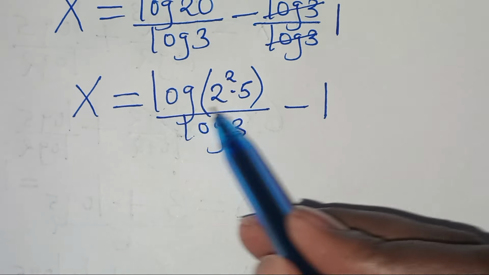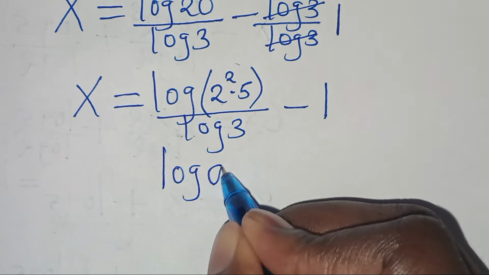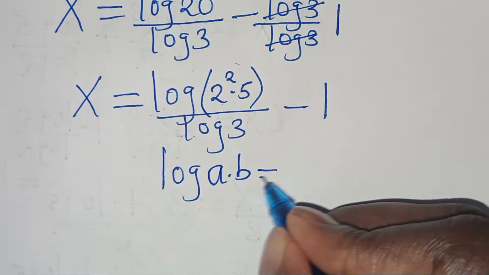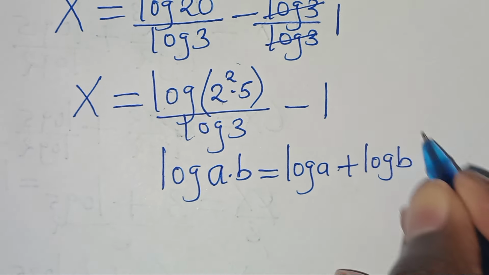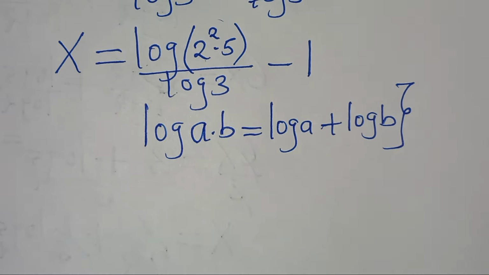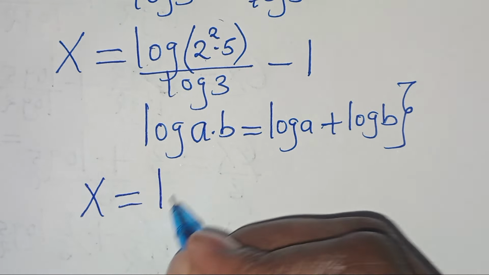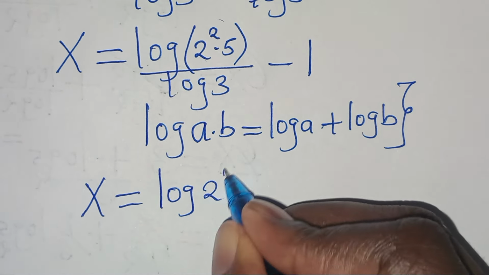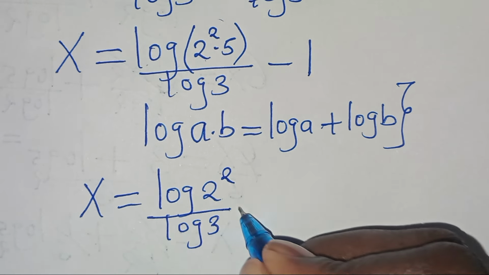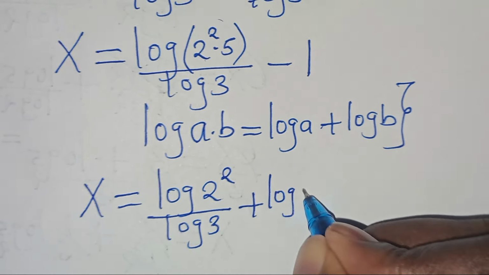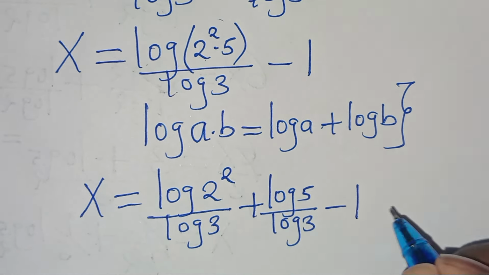The next step is that log of 2^2 times 5 is in the form of log a multiplied by b, which we can express as log a plus log b. Let's apply this property so that x is equal to log 2^2 divided by log 3, then plus log 5 divided by log 3, then subtract 1.